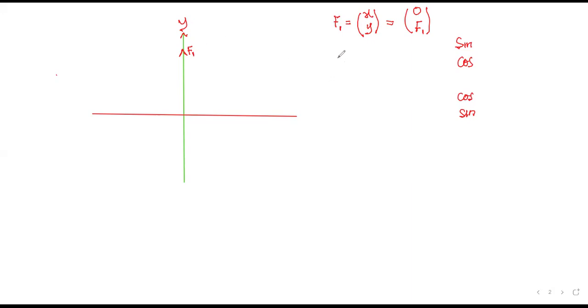So using the angle it makes with the y-axis, I can also resolve this. As I said earlier, if you are using the angle it makes with the y-axis, the order is sine cos. So F1 sine 0, then F1 cos 0.